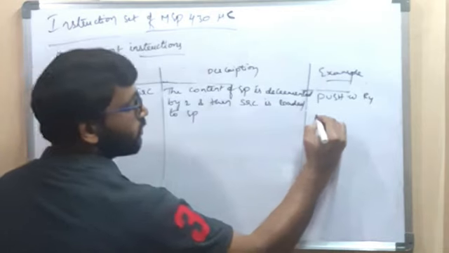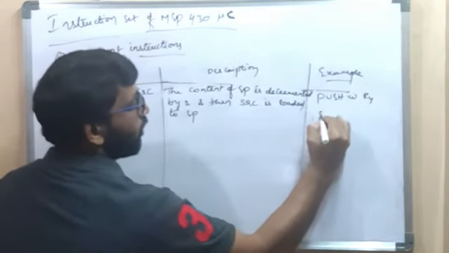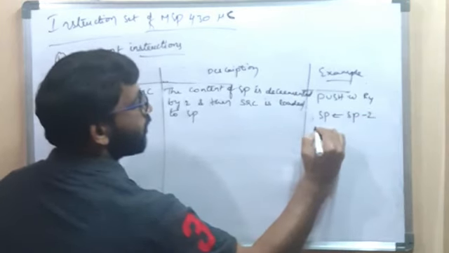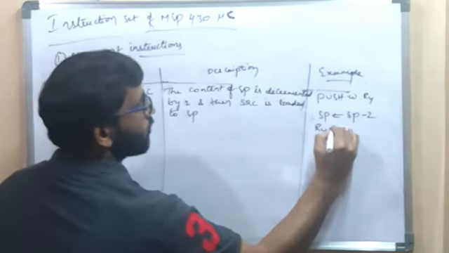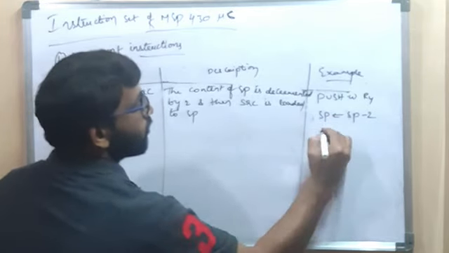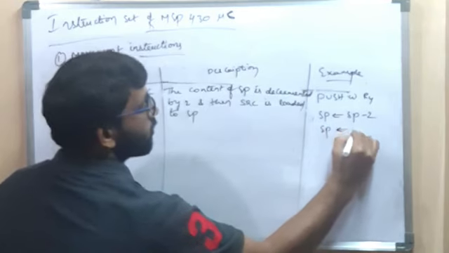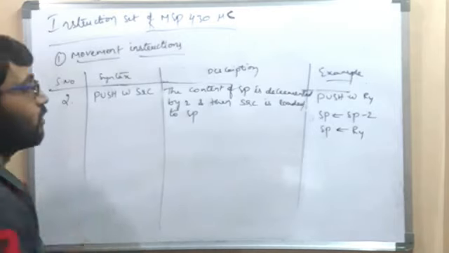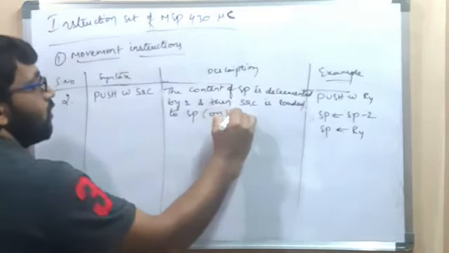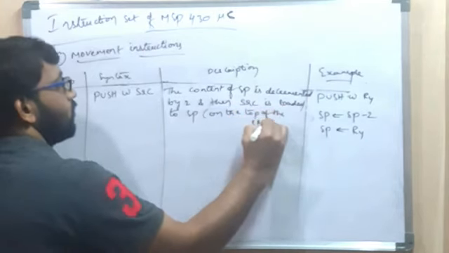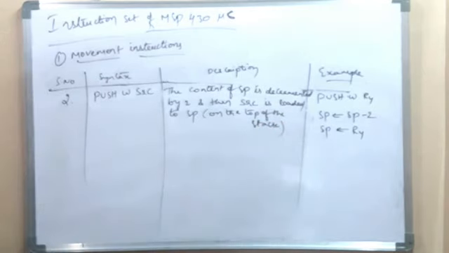So here what happens is, first of all, SP is decremented by 2, and then SP implies R4, this is source. Then content of R4 is placed on the top of the stack. Right?